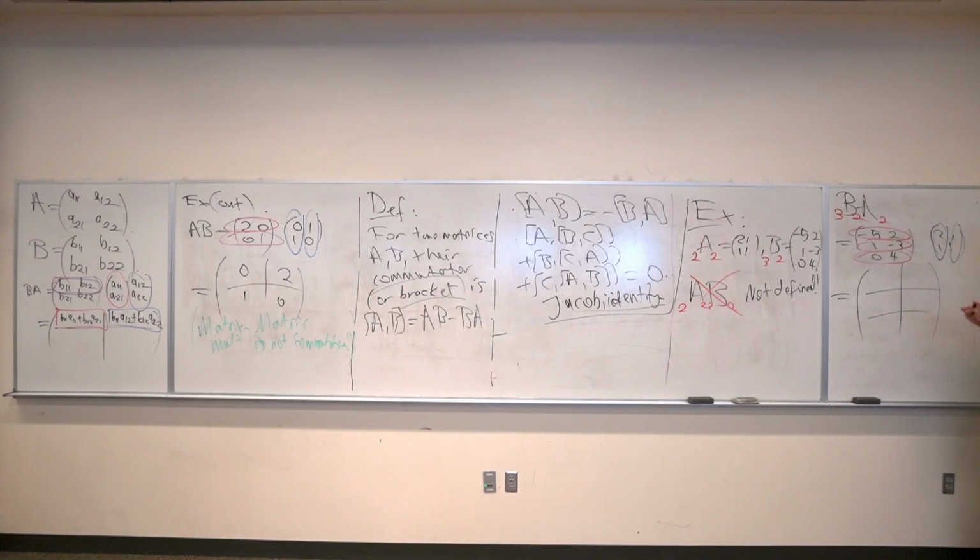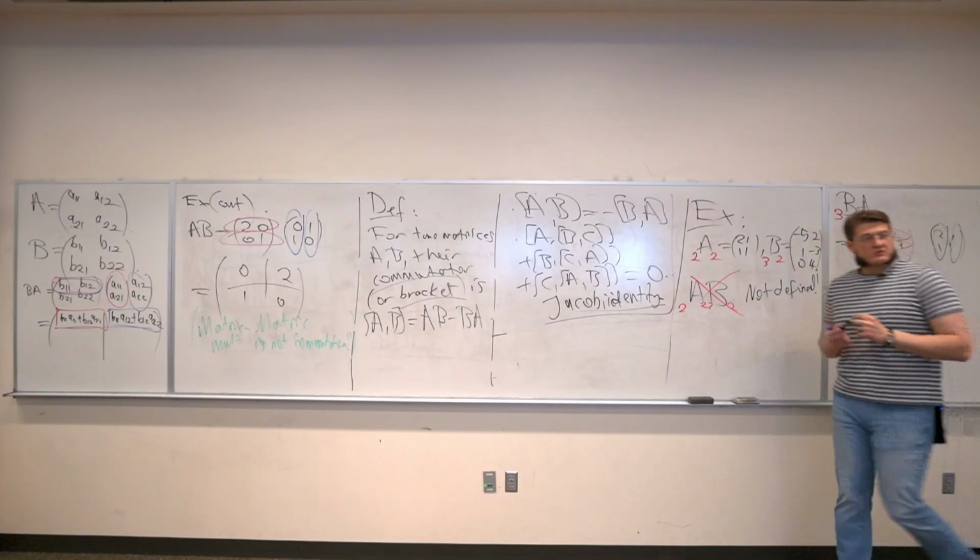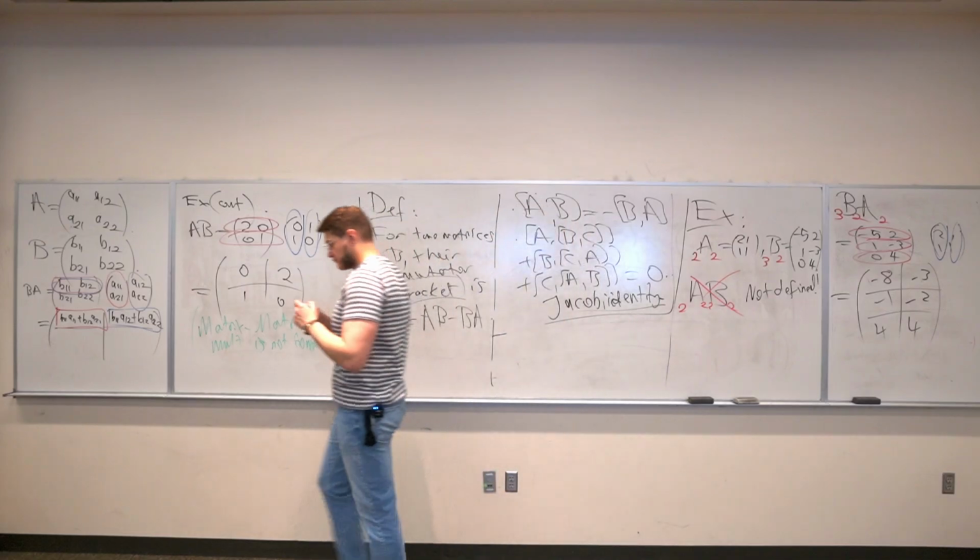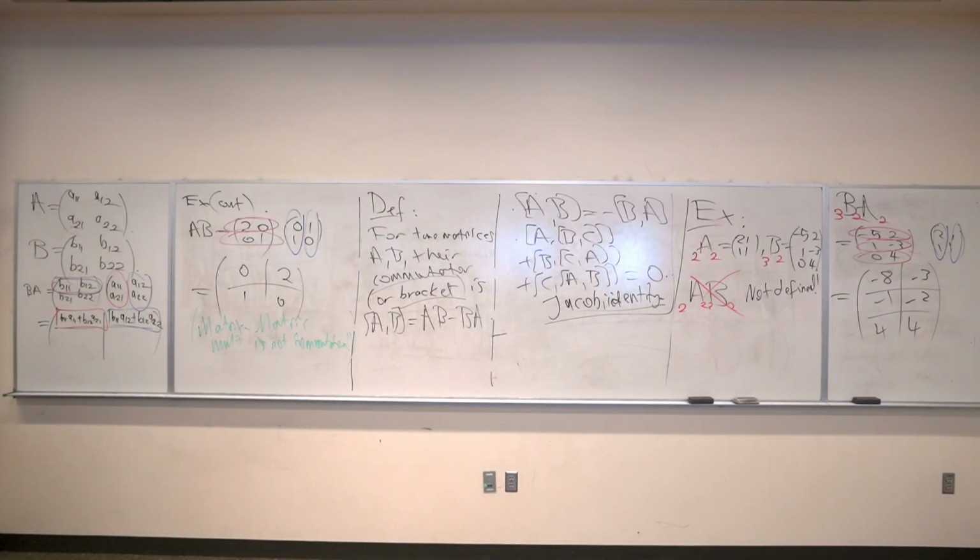The middle dimension drops. This entry is -5 times 2 is -10, plus 2, is -8. This by this, this by this, add them up, put them here. This entry, this by this, -3. This by this, -1. This by this, -2. 4, 4. Make sense?